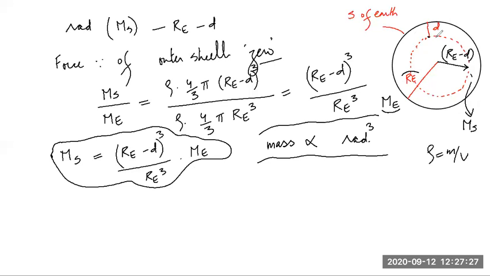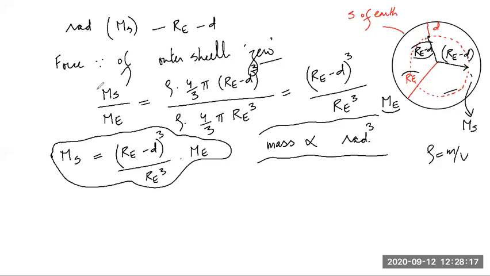If we take the part of the Earth, the point has come inside after traveling distance d, maybe in a mine, then the radius of this complete sphere is Re minus d, and the mass is Ms. So whether you take the complete radius of the Earth Re, or the radius of this much portion encircled by these red dotted lines, the mass is always proportional to radius cube.